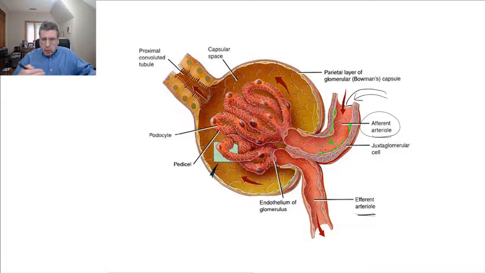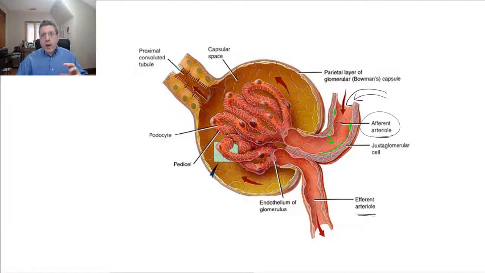Okay? Here in a few minutes, we'll get to the writing of the notes. If you have a decrease in systemic blood pressure, so we have a decrease in blood pressure coming in, you should be able to now know that you have less stretch of the afferent arteriole.